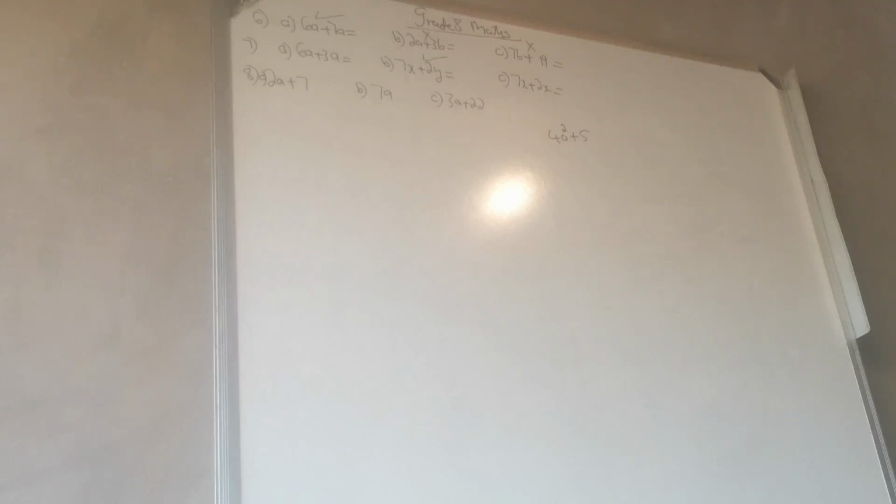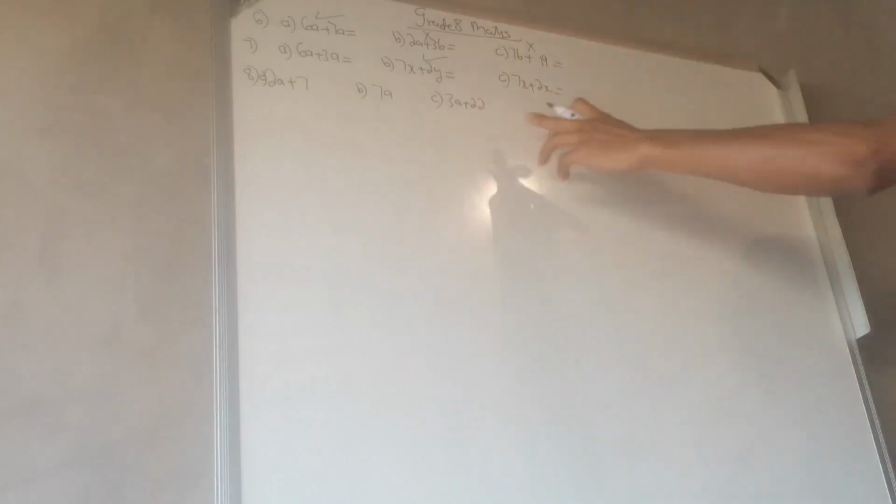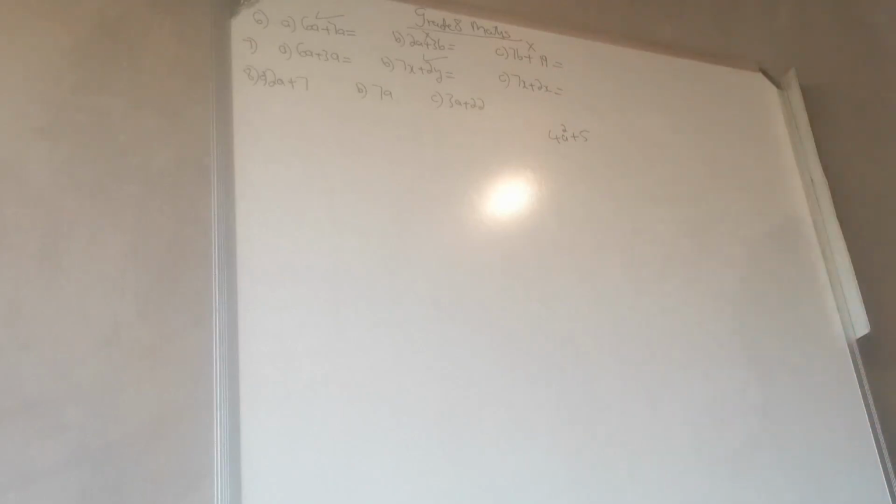An algebraic expression is a mathematical statement that has no equal sign. 2a plus 7, I will consider that as an algebraic expression. 7a is an algebraic expression, but it is a monomial because it has only one term. This one is a binomial because it has two terms, and it is an algebraic expression because it has no equal sign.